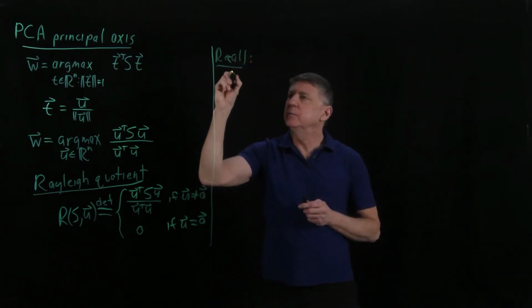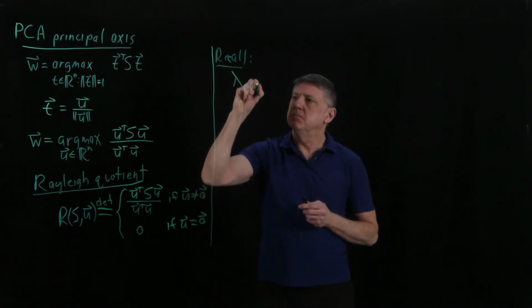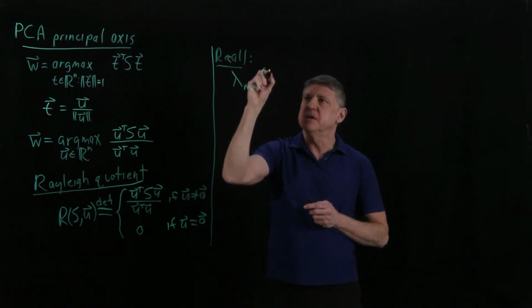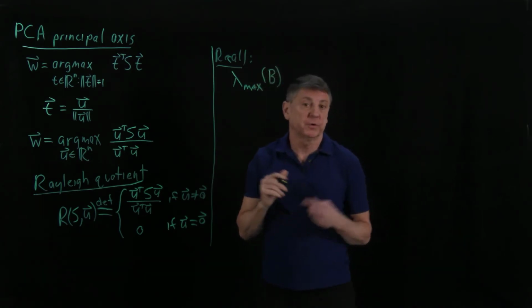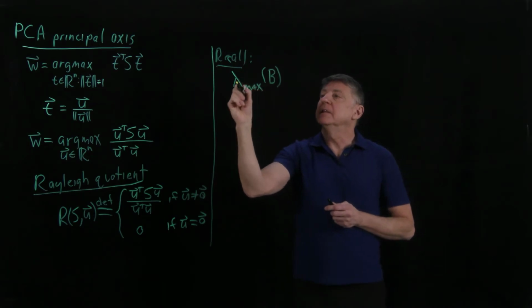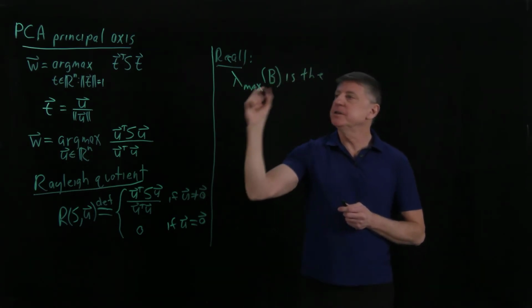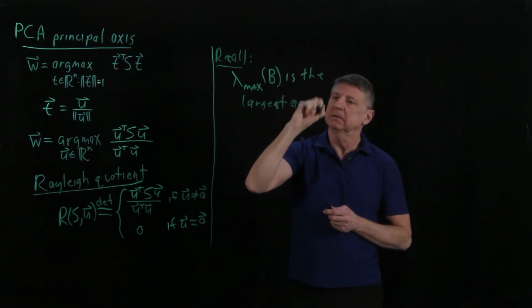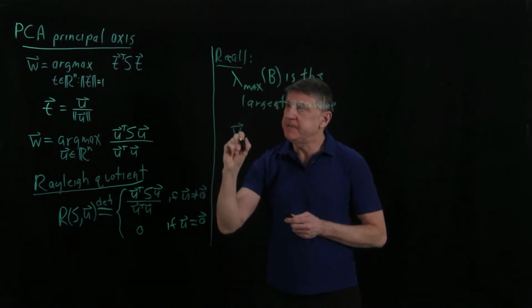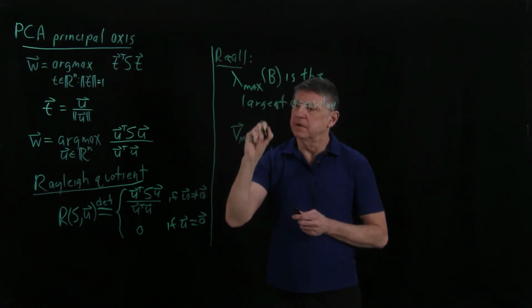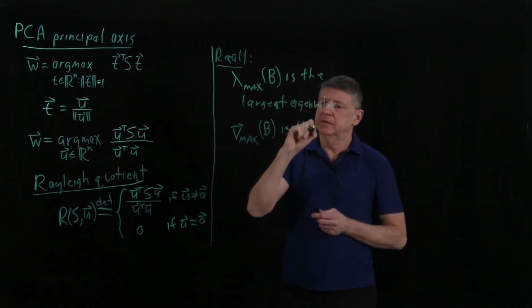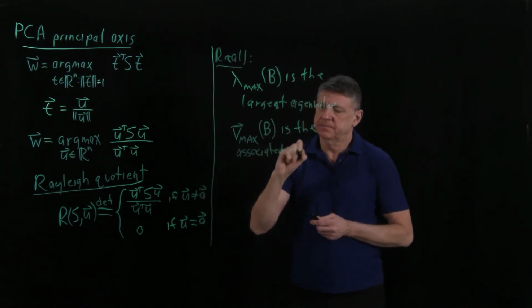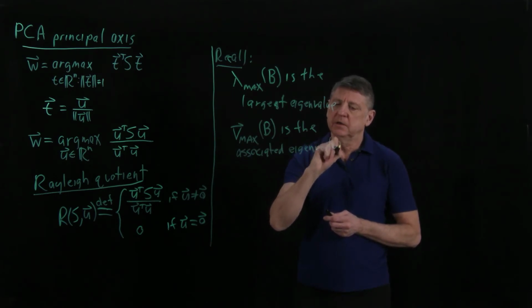We said that lambda max of a matrix, and here I'll just put a matrix B, because the matrices we're going to work with are always symmetric positive definite, is the largest eigenvalue, and v max of a matrix is the associated eigenvector. And so these are what we can use.